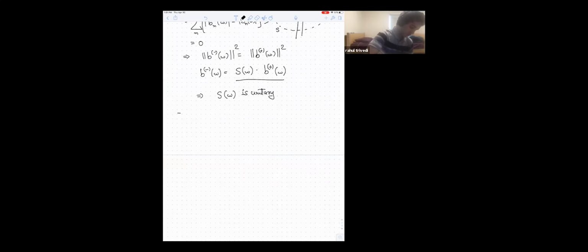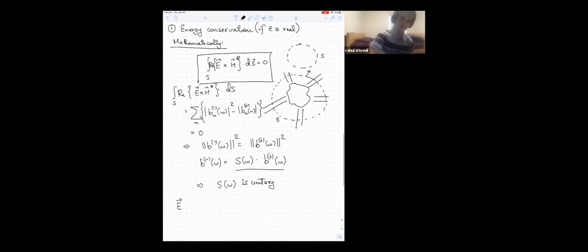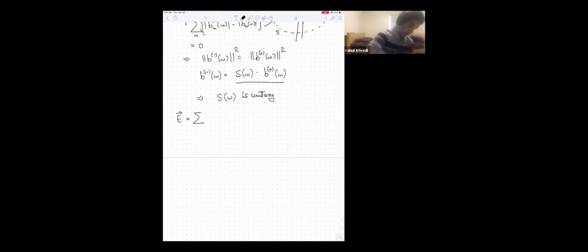So that's very easy. All that you say is that my electric field on this surface is equal to the sum over forward propagating modes, En plus the sum over backward propagating modes, right?